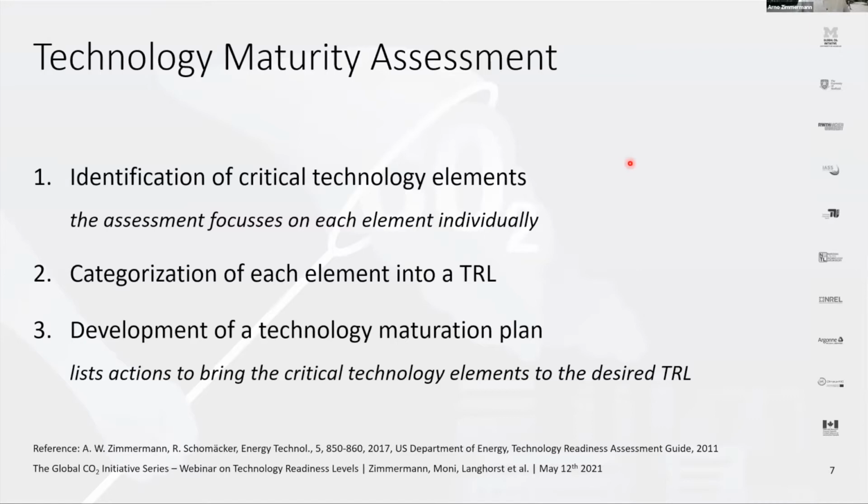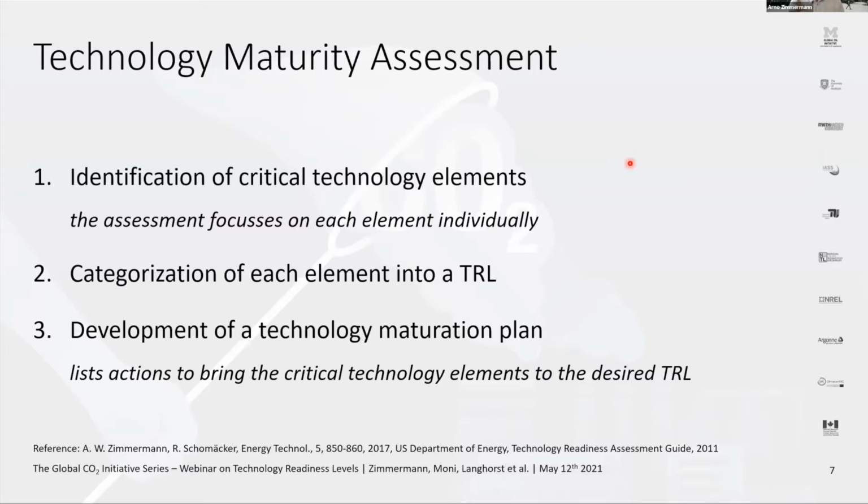TRL is actually part of a larger idea, a larger process, which is called Technology Maturity Assessment. And that was thought up by NASA and the US Department of Energy. And it basically consists of 3 steps. The first is having a technology system and then breaking it down into its critical technology elements. This allows you to focus the assessment on the individual elements.